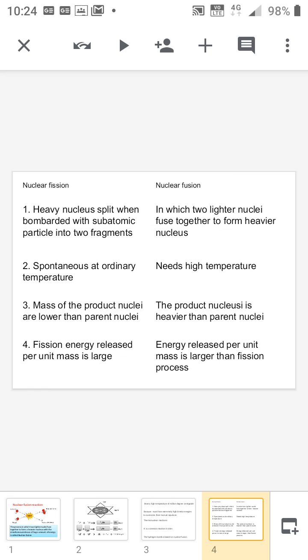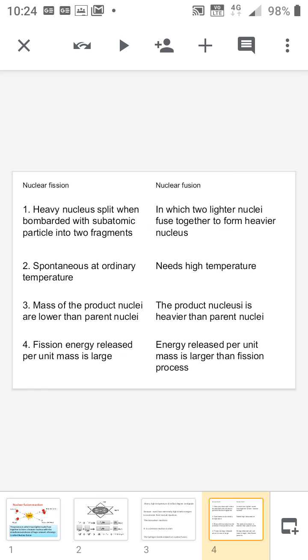The third difference is, the mass of the product nuclei is lower than that of the parent nuclei in fission reaction, whereas in the fusion reaction, lighter nuclei fuse together to form a heavier nucleus.